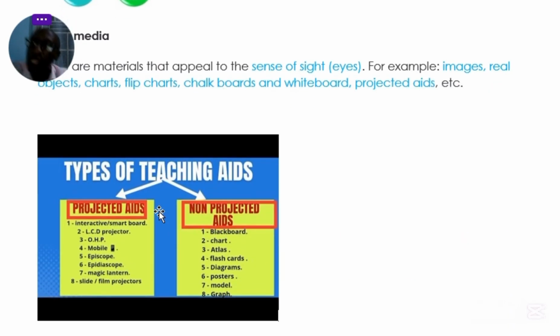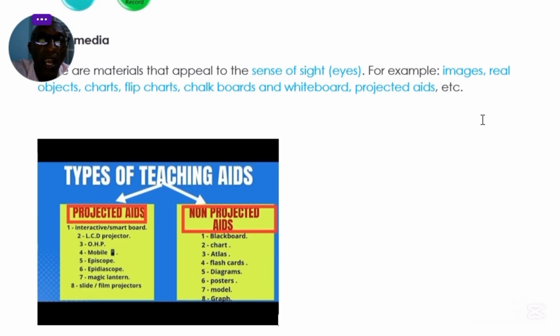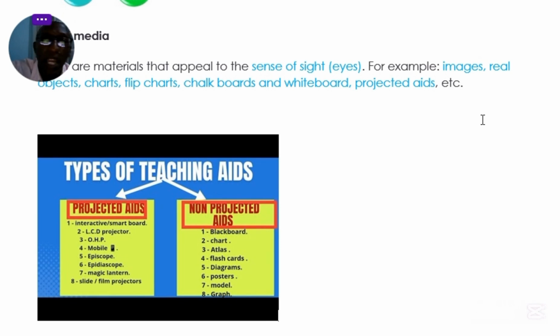Now, let's progress to the materials that involve sight, and that is what we call, as you see here, the visual media.